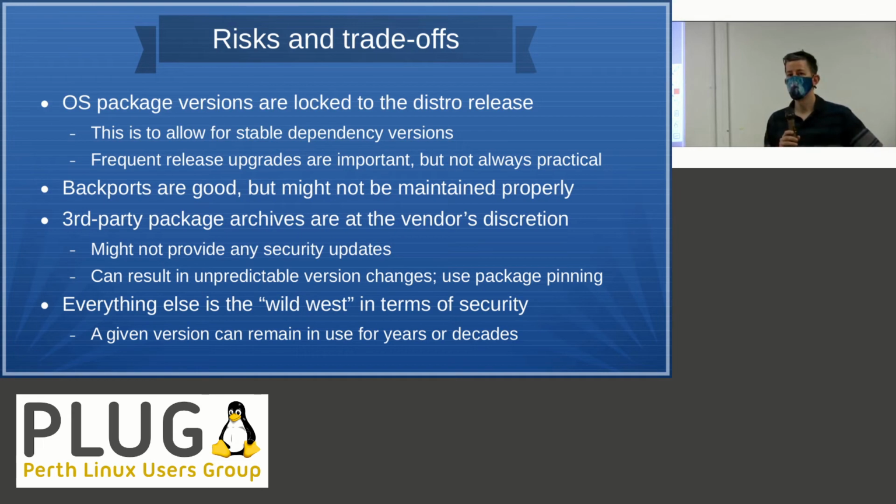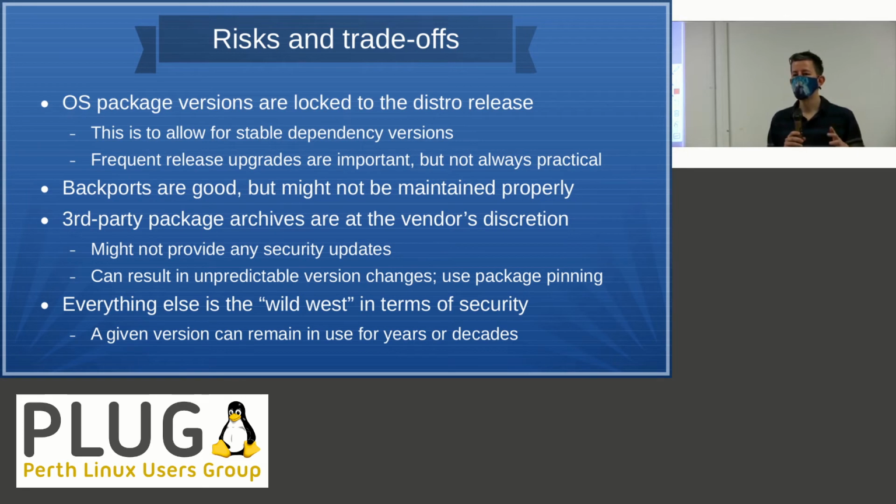I'm not going to describe them in detail, but briefly, this is where the OS themselves provide the equivalent of a third-party package archive, where if you set up your OS to use backports, you'll suddenly be getting a newer version of whichever pieces of software are in the backports package archive than you were if you were to just install the standard version of that package from the OS.